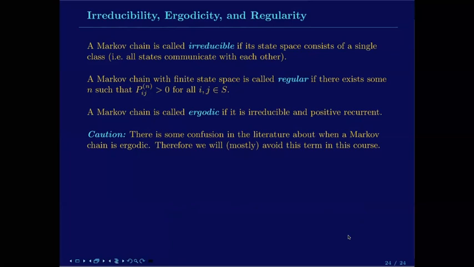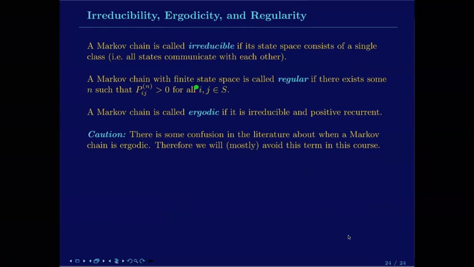Each class kind of forms a superstate where the chain remains for some time, and then if it's a transient class, it leaves it after some time. So it's a more abstract pattern looking at how the Markov chain moves between classes, and we have irreducibility if there's only one class and it cannot be split up into these superstates.